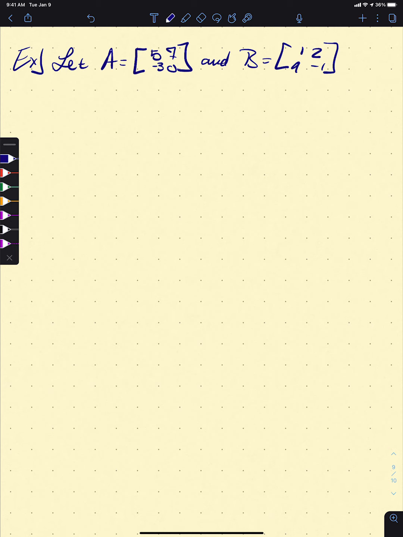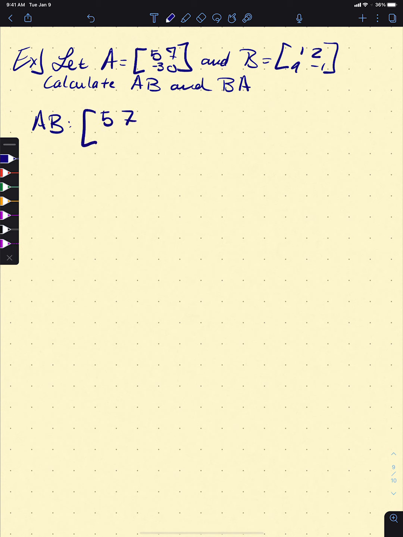And we're going to calculate AB and BA once again. Starting with A times B, it's going to be 5, 7, negative 3, 0, times 1, 2, 9, negative 1.